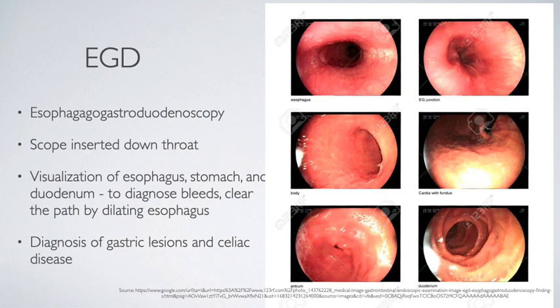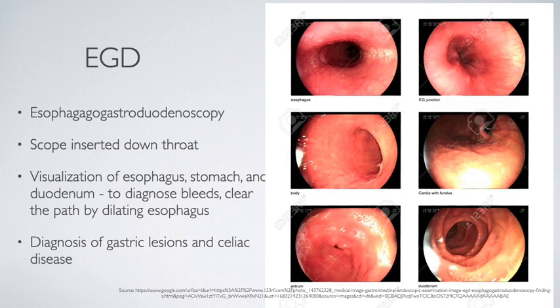Sometimes they can ablate areas of the GI tract to stop the bleeding. That would be applying heat. Other times they can remove it with like clippers and then stop the bleeding that way.